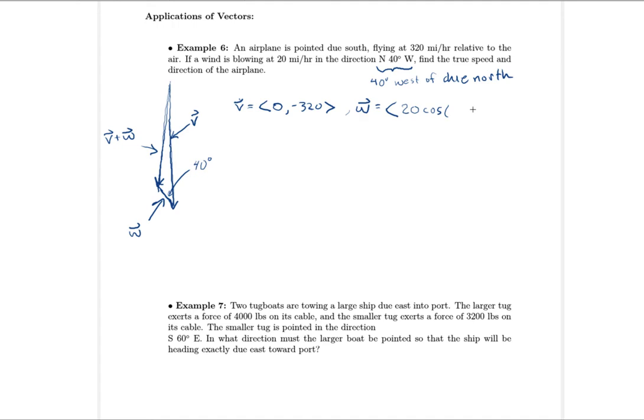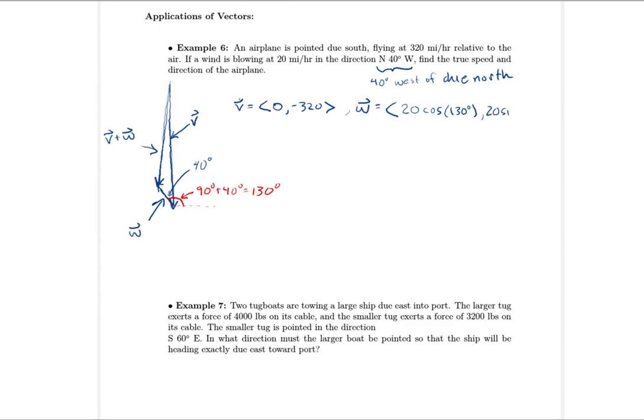But what's my angle? Remember, we always want to measure from the positive x-axis. So be careful, don't put 40 degrees in there. Measure it from here. If 40 degrees is here, and this is 90, then in total this is going to be 130.